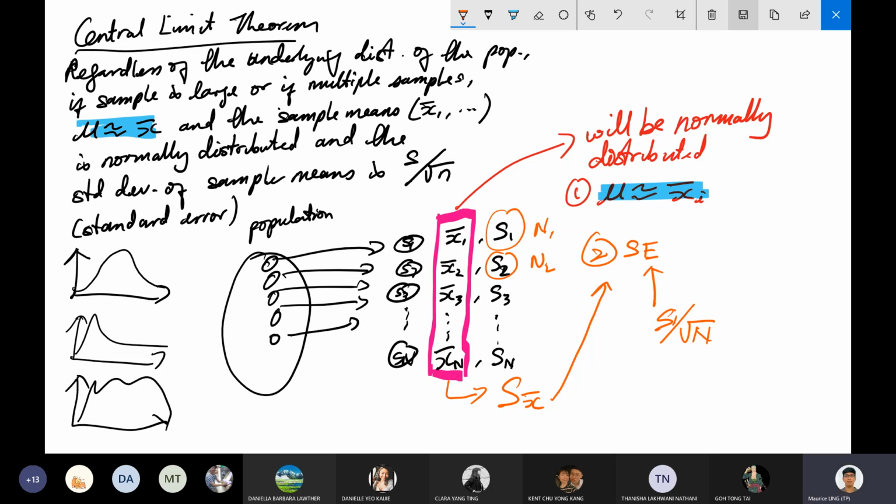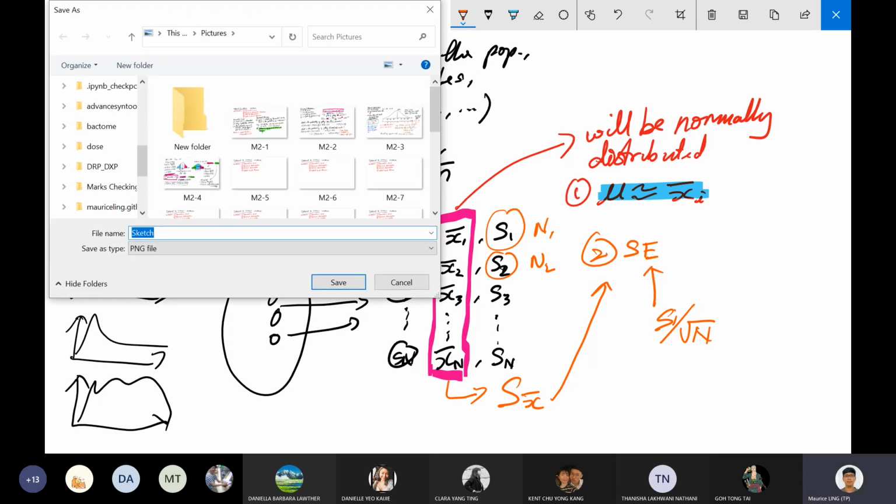Can you understand at least or not? We have gone through this in the very first week already. Okay, but let's see how we're going to use it.